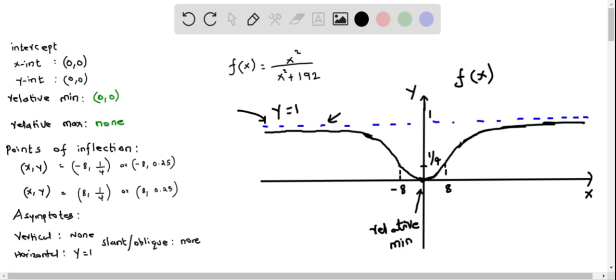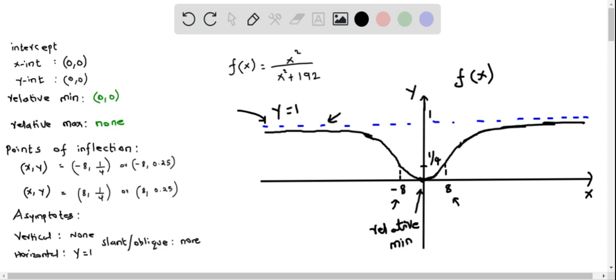And so here there is a change of concavity at x equal to negative 8 as well as at x equal to positive 8. It changes from concave down to concave up at x equal to negative 8, and at x equal to positive 8 it changes from concave up to concave down.